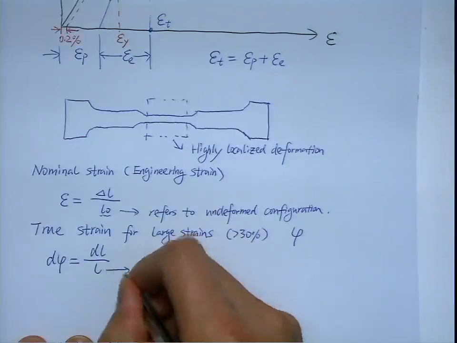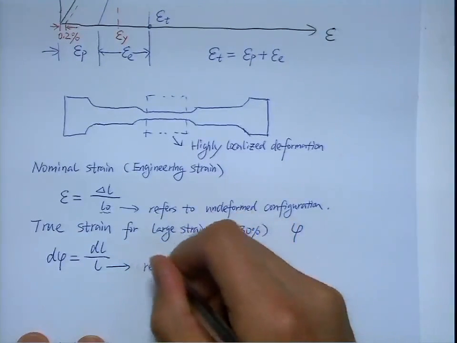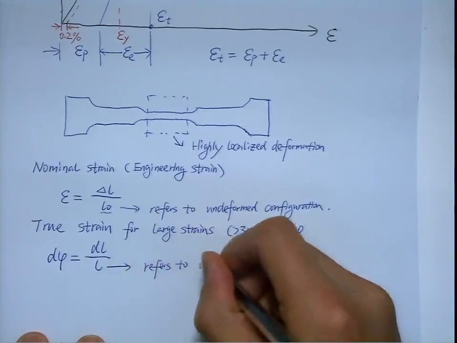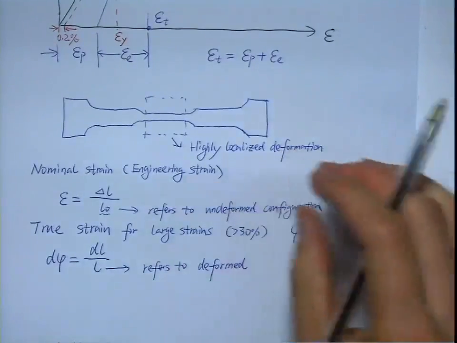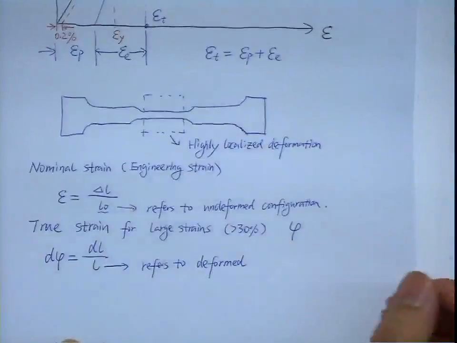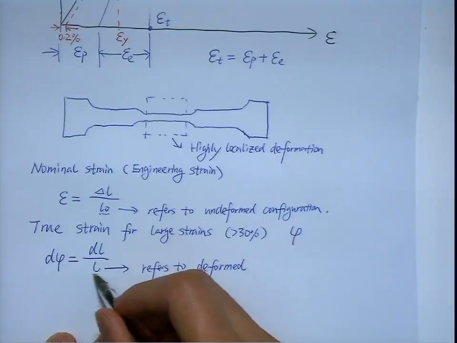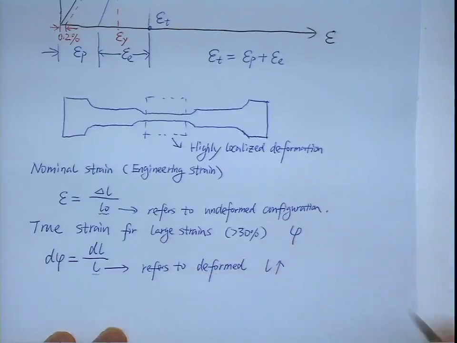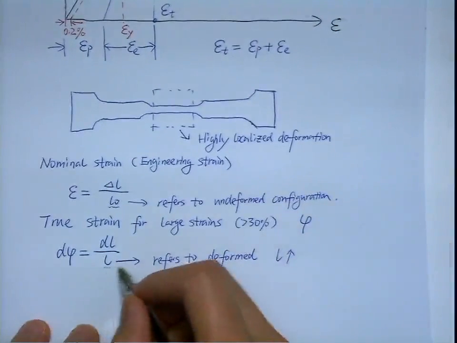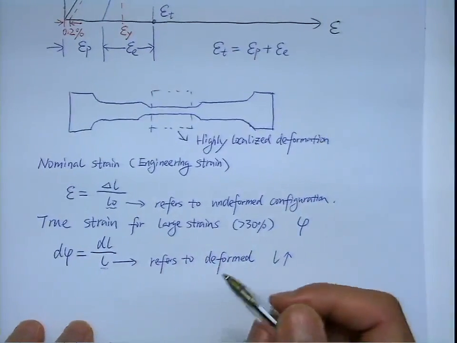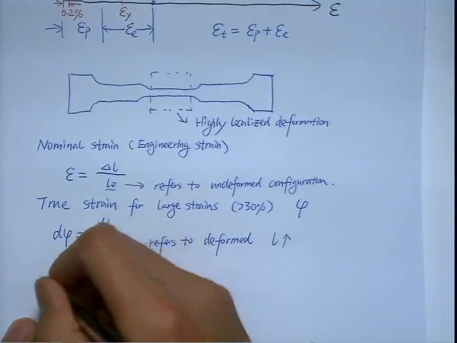But now, when you divide by a value L, you need to refer that to the deformed state. So every time you load the material, the material elongates and becomes longer and longer, and the length L becomes larger when loading. So that actually changes every time. That becomes very hard to get that value, but we can still derive it.